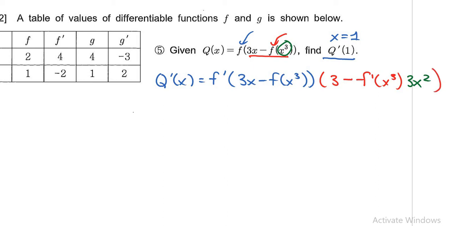Okay, so let's go ahead and now evaluate this when x equals 1. So this will be f prime of, okay, so this x value here, which I'm going to highlight there in yellow, these x values all change to 1 now. So this is going to be 3 minus f of 1.